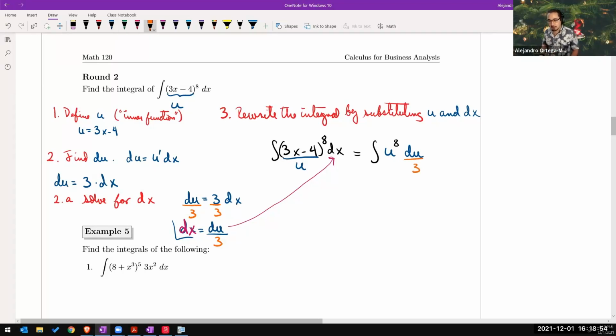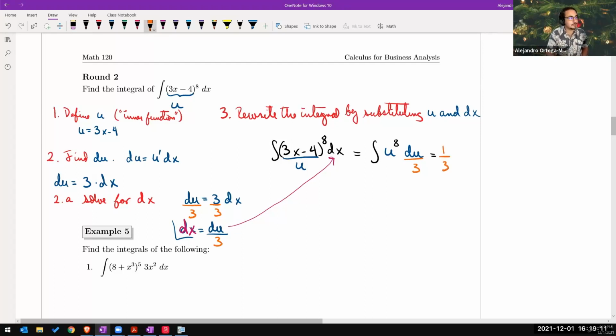Now you have an integral that only has u's and du's, no x's. There's a 3 right here that's dividing. I'm just going to take it outside the integral because, again, it's a constant. And remember, the constants, we can always just bring them out.